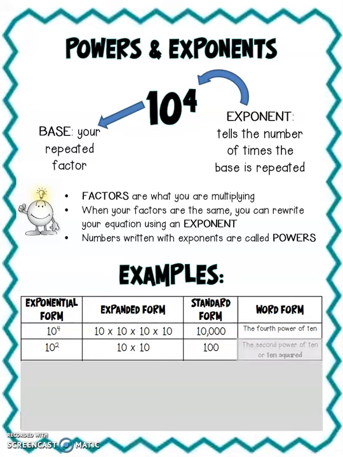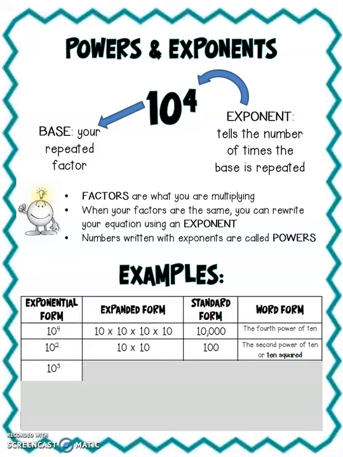In word form, we can call this the second power of 10, or you might hear this as 10 squared. And if you think back to learning about area, you can remember when you multiplied two dimensions together, your unit was always a square unit. That's the same idea here. We're multiplying the base and repeating it twice, so we can call it 10 squared.